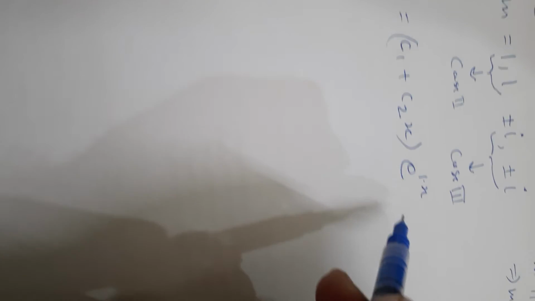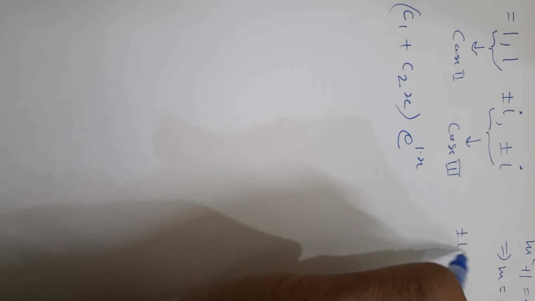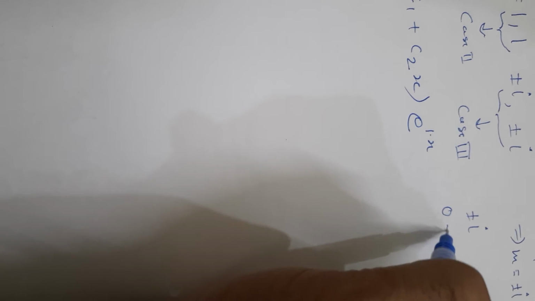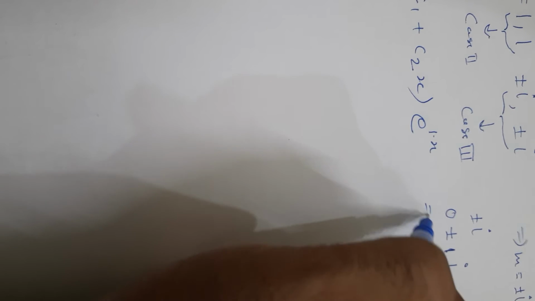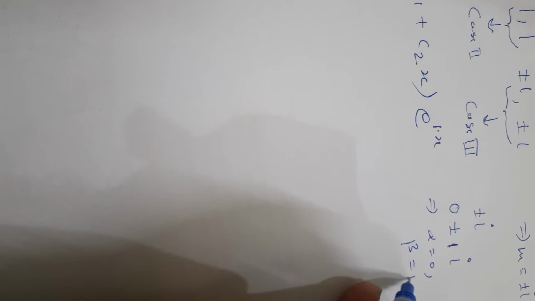The complex root is ±i, or we can write it as 0 ± 1·i. So here it is clear alpha is 0, the real part, and beta is 1, the complex part.